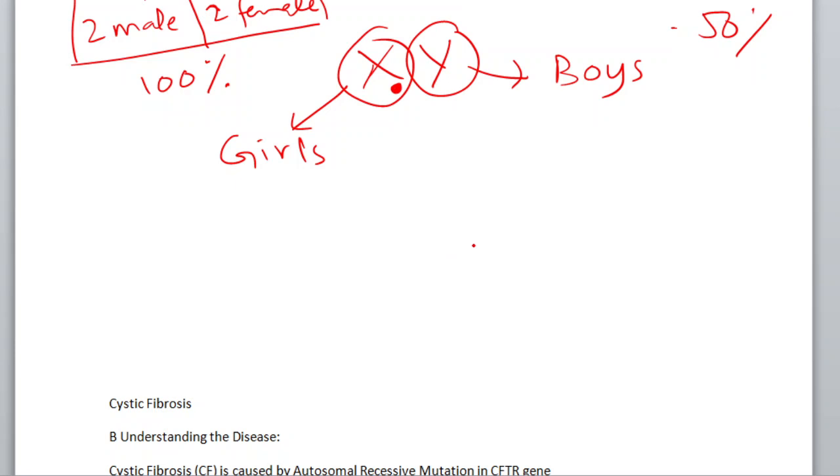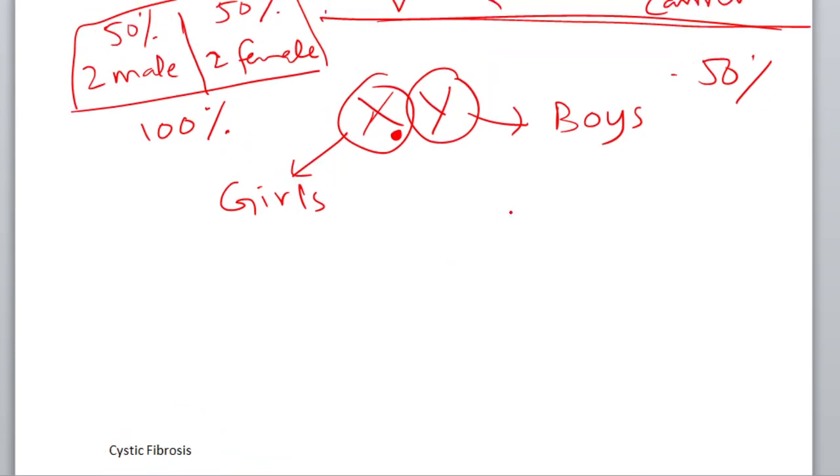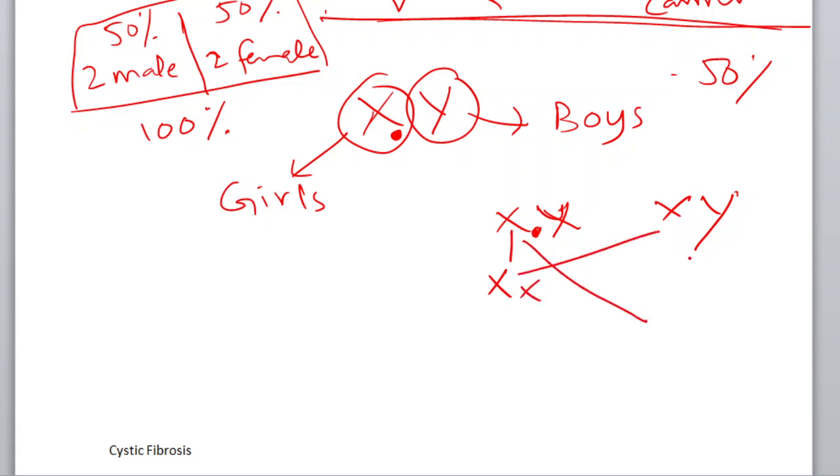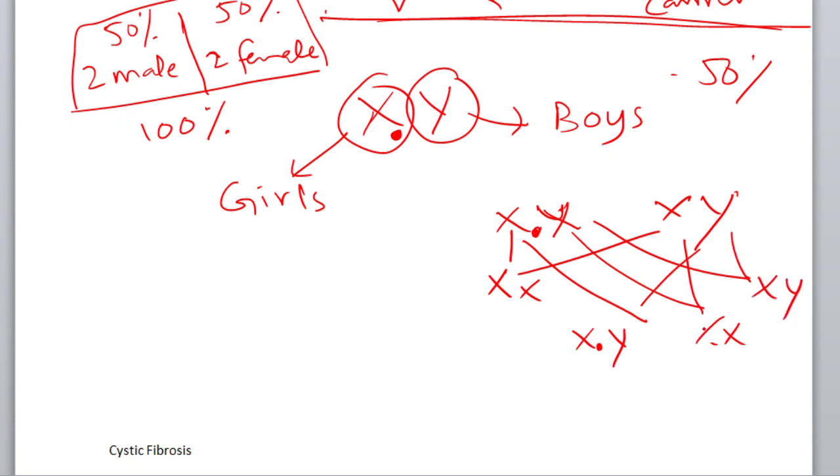for your clarity. Suppose here is X, XX and XY. Suppose the problem lies in the X chromosome. Now we can have XX, XY. And here we have XX normal, and here XY normal.